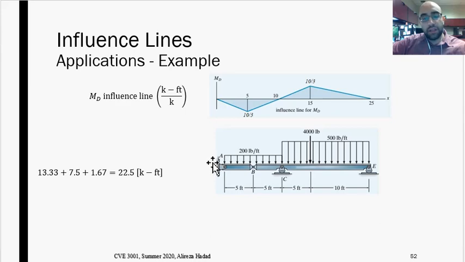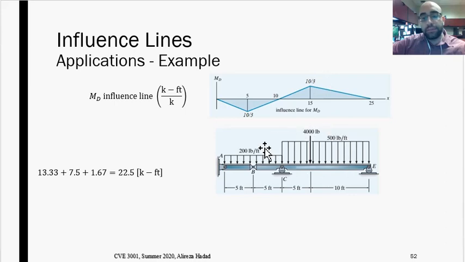In that case, the dead load is there during the whole length. I can't put the uniform live load in the region where we have the positive bending, and I can't put the moving concentrated load at exactly the place where it creates the maximum positive moment.